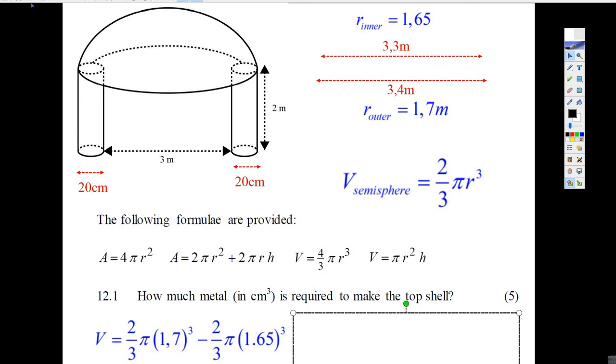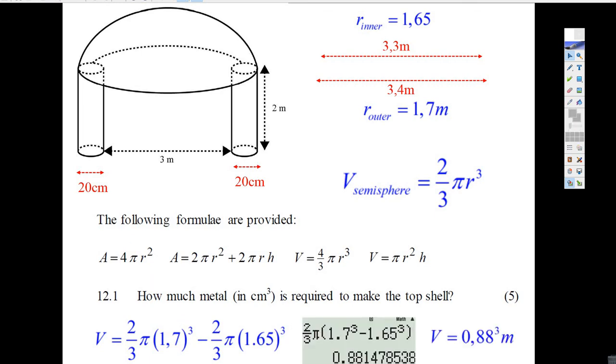Here, I did a little trick on the calculator. I saw that 2/3 pi was in both, and I remembered I could factor it out and just go 1.7 cubed minus 1.65 cubed, times 2/3 pi, hit that decimal button, and I get 0.88 cubic meters. And there's the answer to the first question.